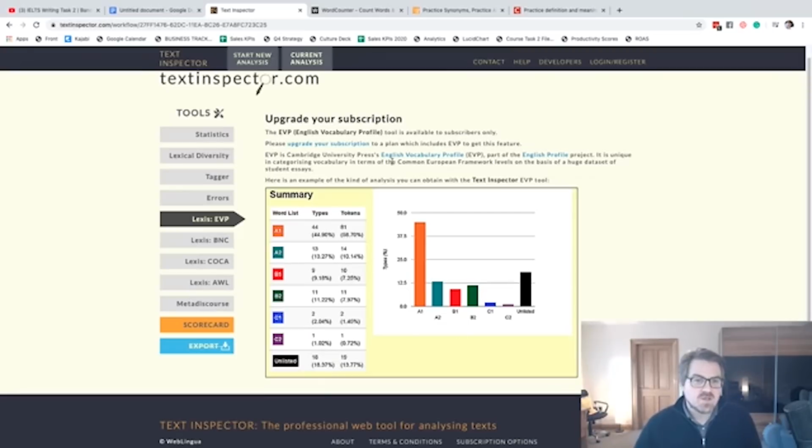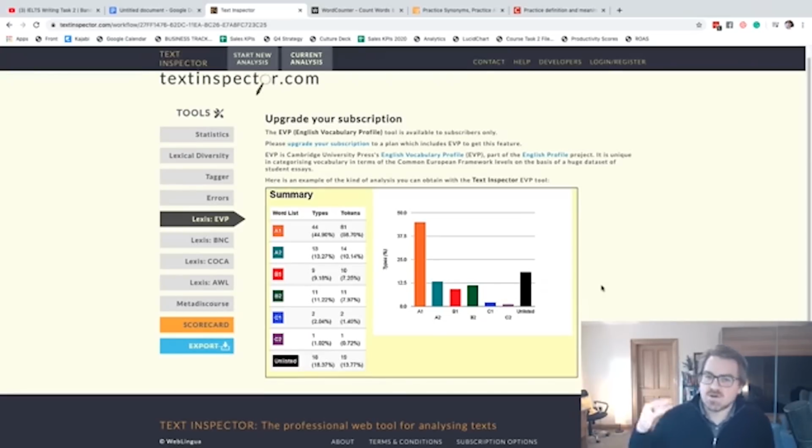Now, a great thing that you can do is you could go on to the Guardian or the New York Times or the Times or some very, very good, reputable newspaper, and go to an article, copy and paste it into this Text Inspector, and you'll see that most of the words will be A1, A2, B1, B2, and less than 5% will be C1, C2.